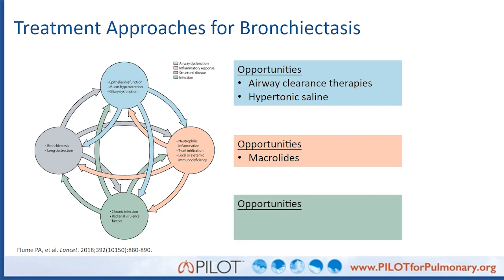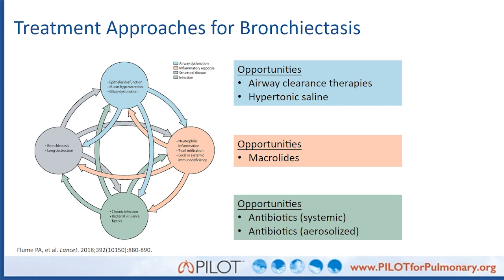And then for infection, we obviously have antibiotics, and we can give these either systemically, intravenously, or orally, or we can give them topically by giving them through the aerosolized route. So the systemic antibiotic approach is typically used for the treatment of exacerbations, and they're not used typically for prophylaxis, and only on occasions might be used for suppressive therapy.